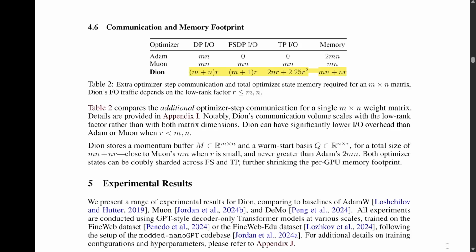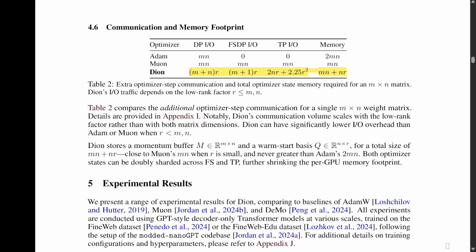It cuts the cubic term by more than 3x and the main quadratic term by about 25%. That's a substantial reduction just baseline. And I assume when you factor in the low-rank approximation and the parallelism... Like, it's much, much better. Exactly. When you use practical low-rank factors, say R being much smaller than the matrix dimensions, and you account for how things are sharded in FSDP and TP, Dion's computational advantage becomes significantly wider. It scales much more gracefully.